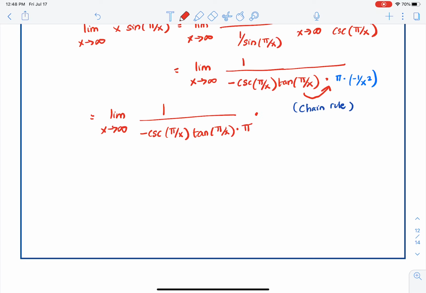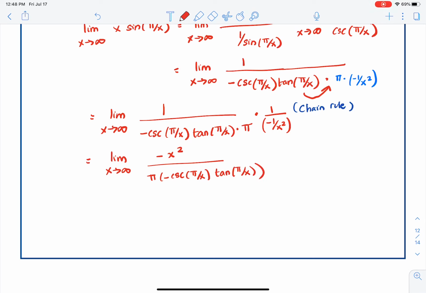If we flip and multiply, we'll get negative x squared. But I don't want to skip a step, so I'll just write it that way and move negative x squared to the numerator.